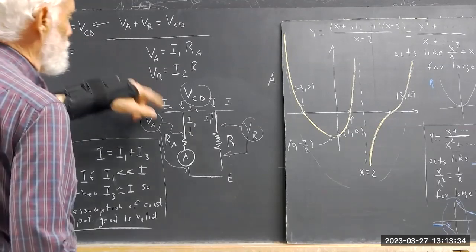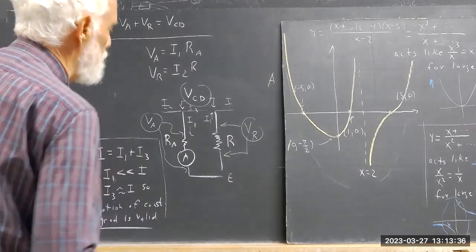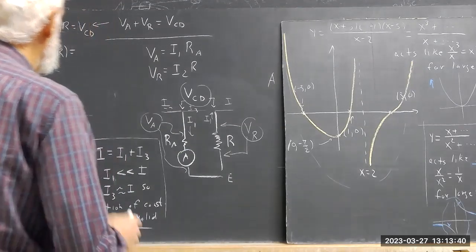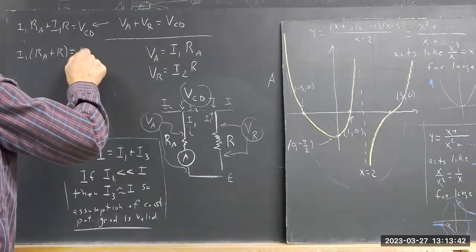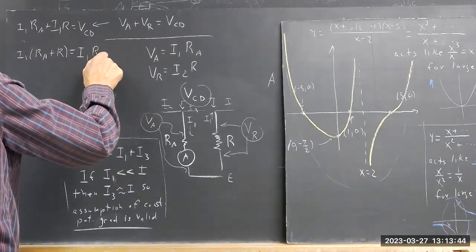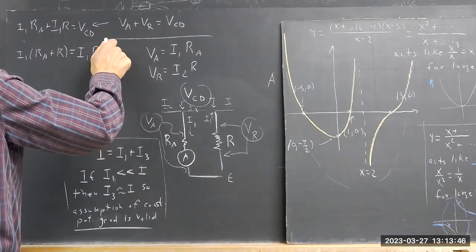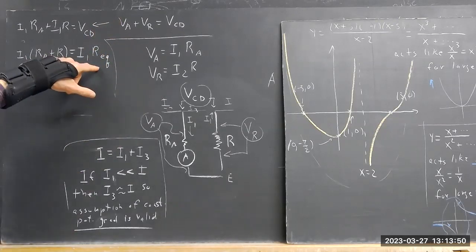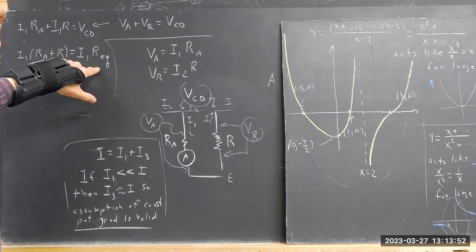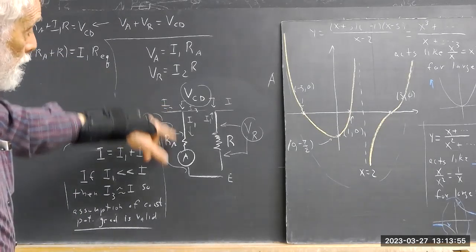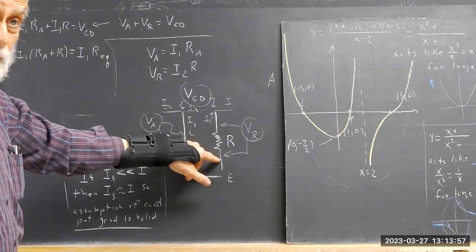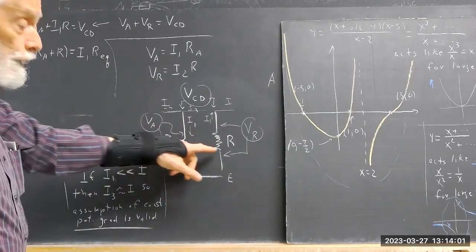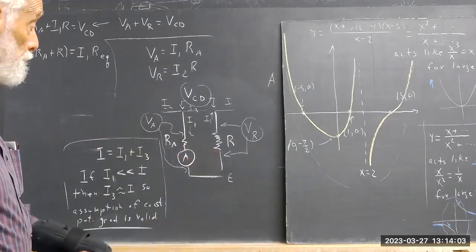Now what's the voltage from C to D? Well, I'm going to call that I1 times R equivalent, R equivalent being the equivalent resistance of this resistance, and this resistance, and this resistance.